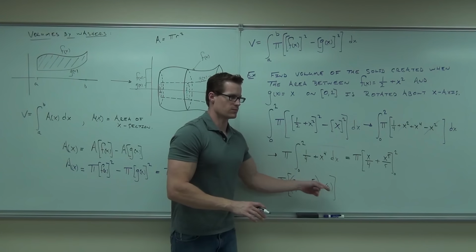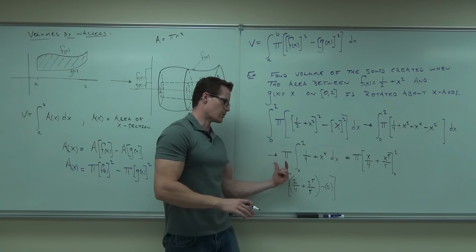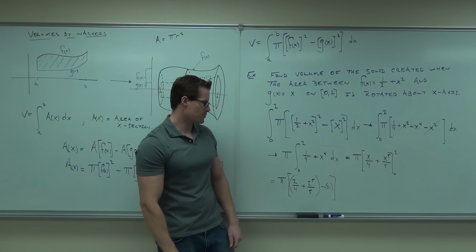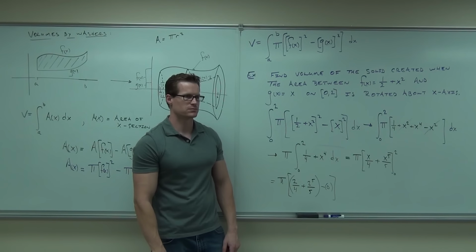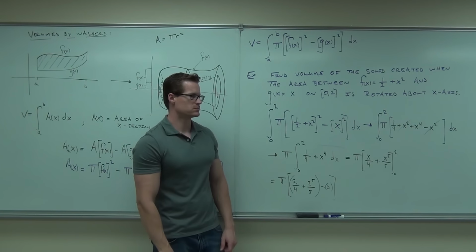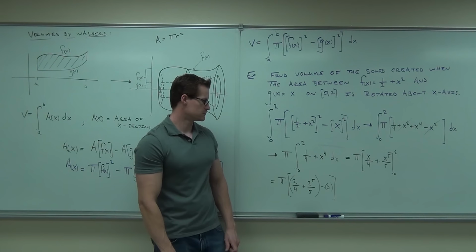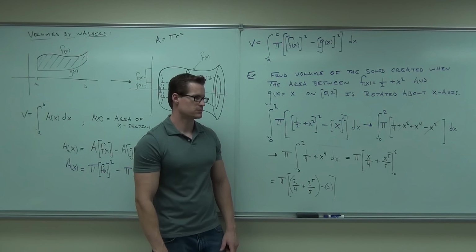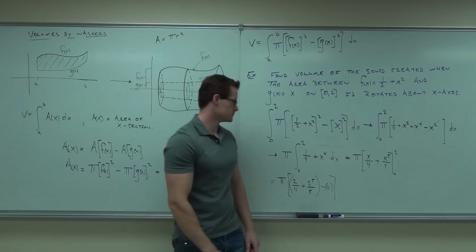That's going to be our volume when we multiply by pi. So 1/2 plus 32 over 5. How much? 69/10. Okay.